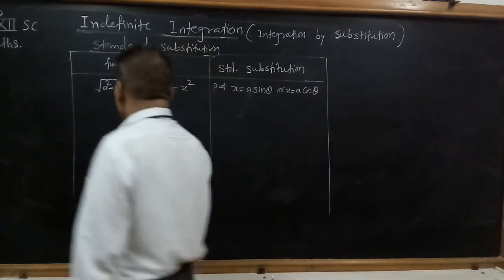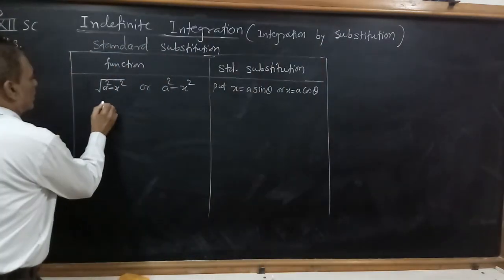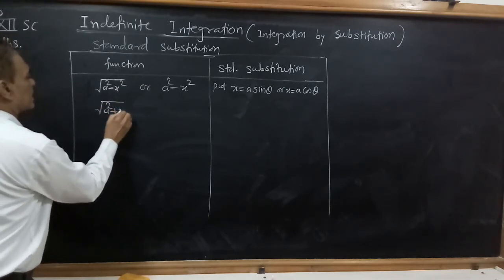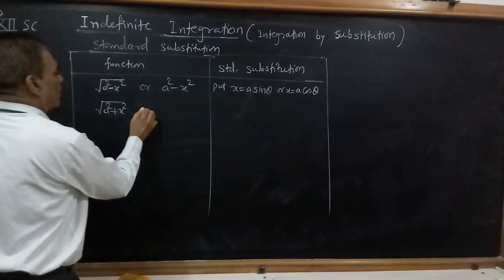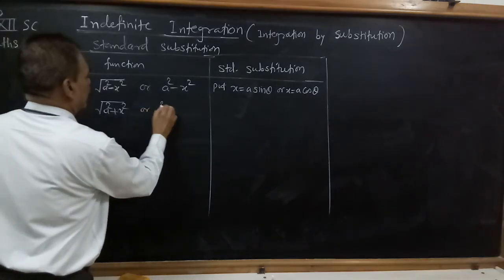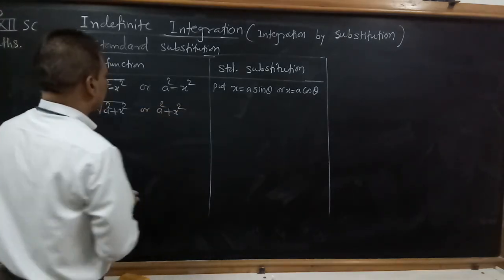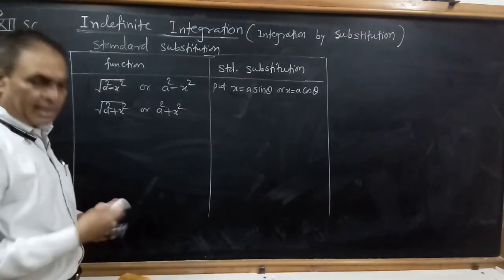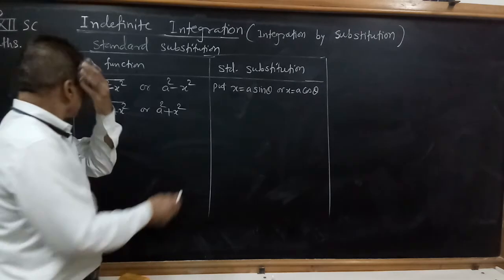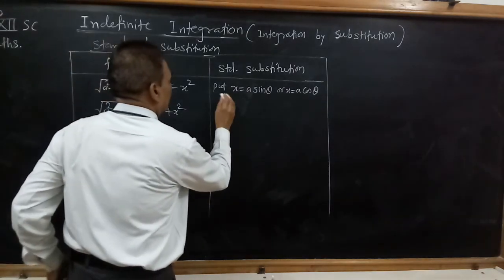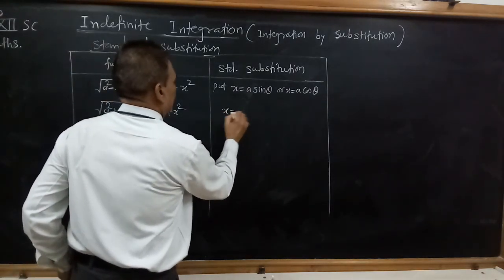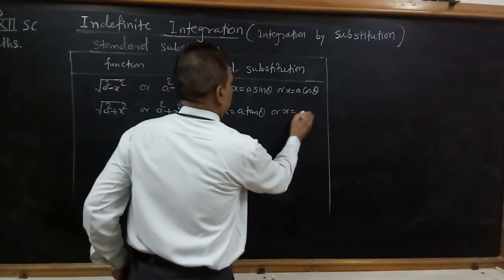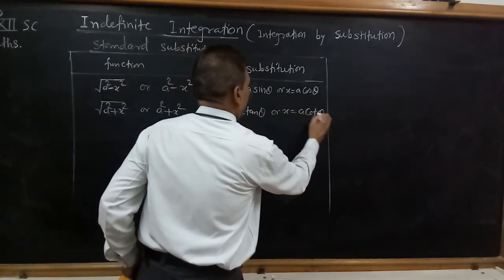What is the second? In root of a square plus x square or without root, a square plus x square, this quantity is present in the numerator or denominator. Use the substitution: put x is equal to a tan theta or x is equal to a cot theta.